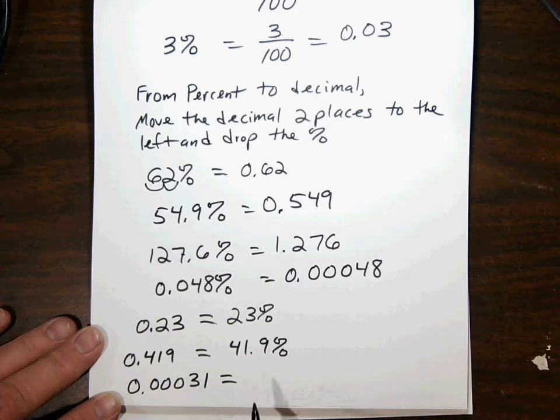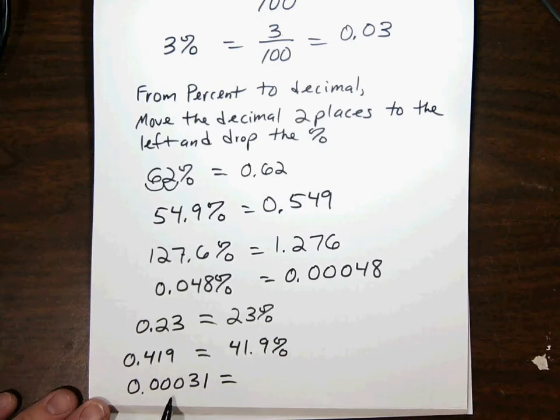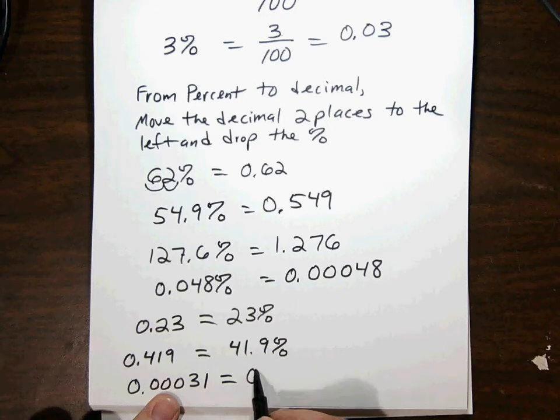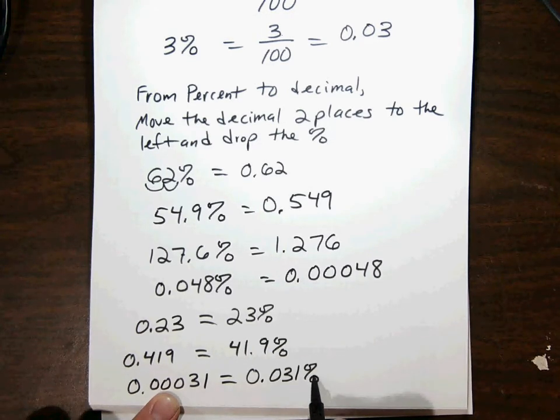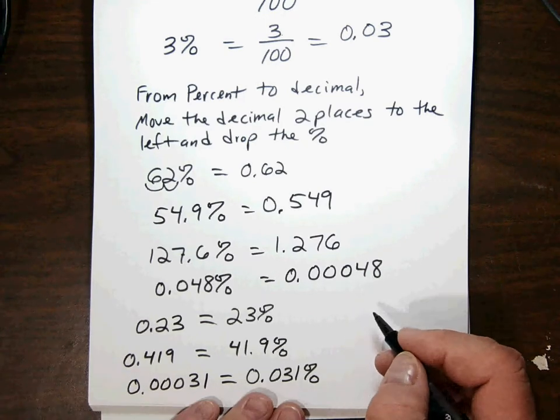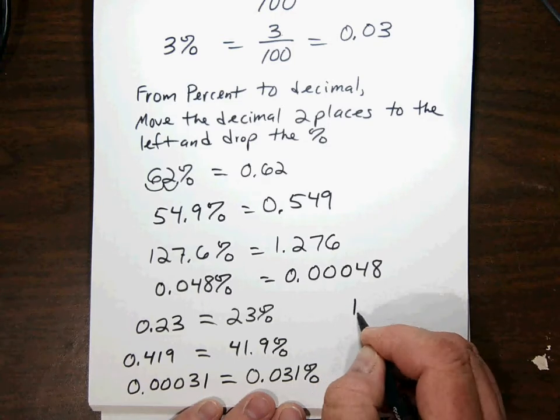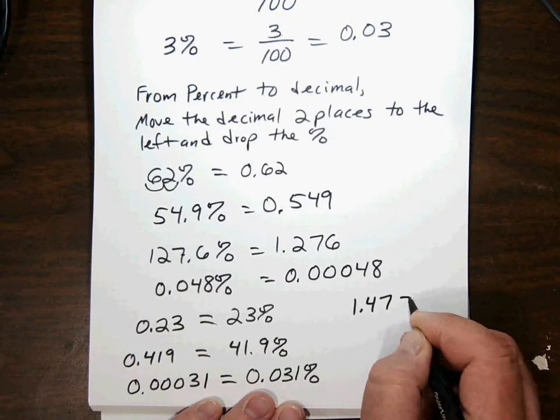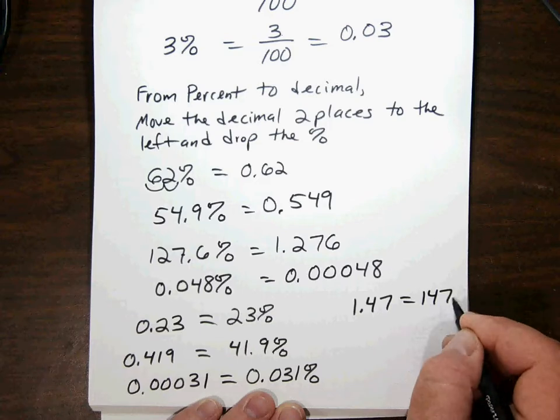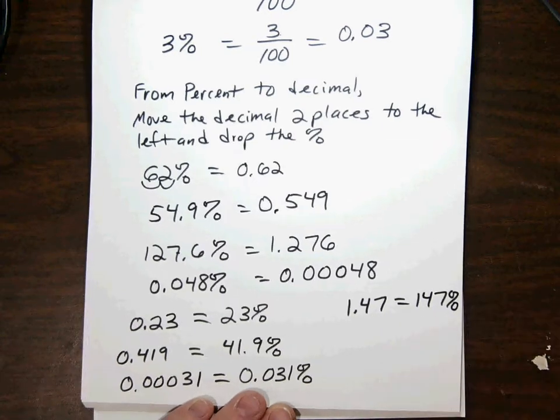0.00031 is going to be 2 places to the right, 0.031%. All good? 1.47 is going to be 147%. You can have percents bigger than 100. In some contexts it doesn't make sense to have more than 100%.